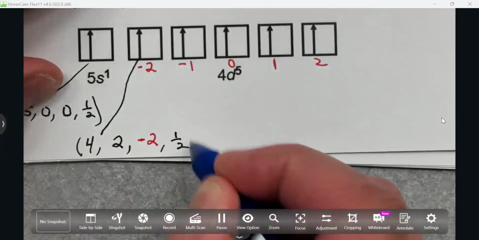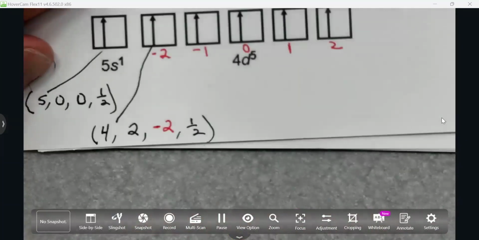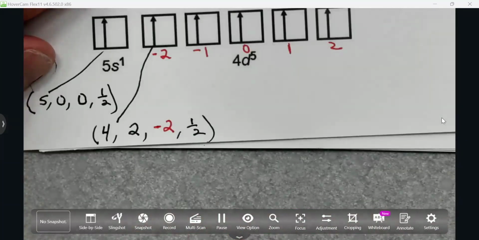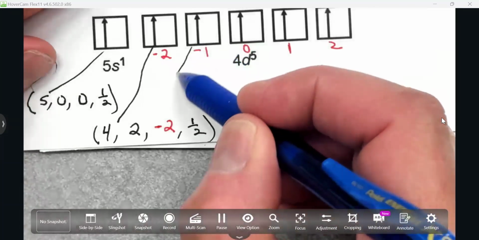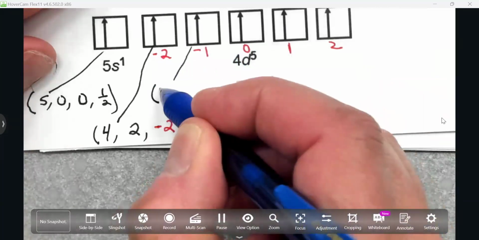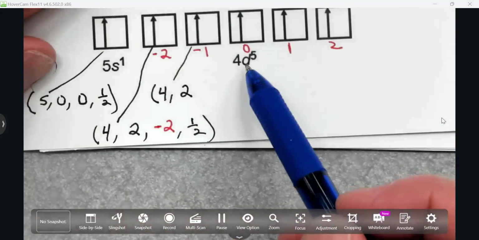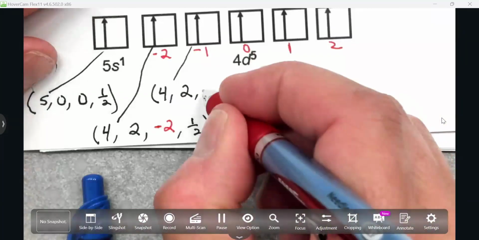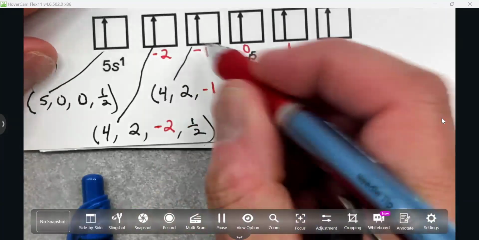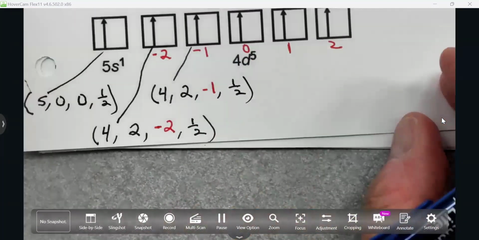And the spin 1/2. Next one right here is 4, 2 again, right? Level 4, 2 for a D. This one's in -1. And the spin is 1/2, right?